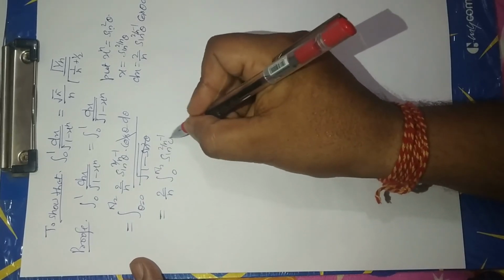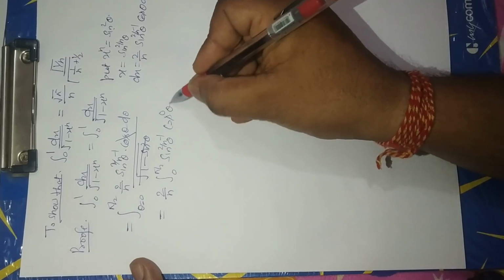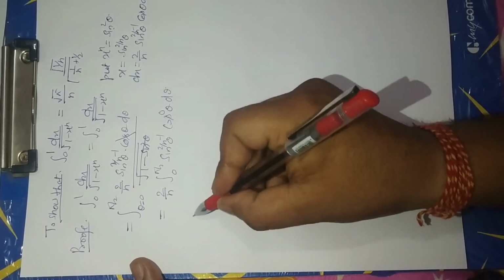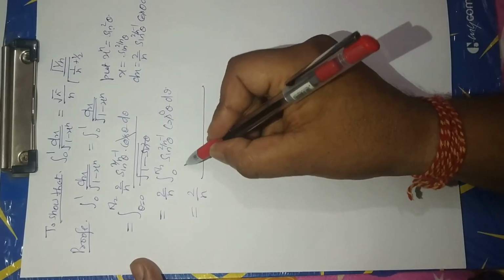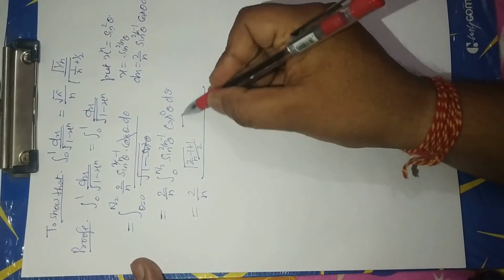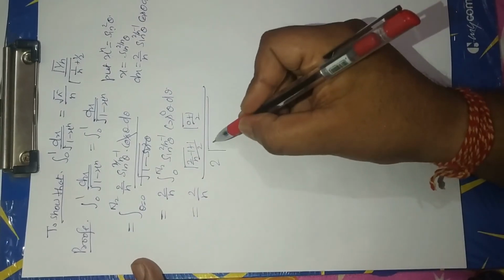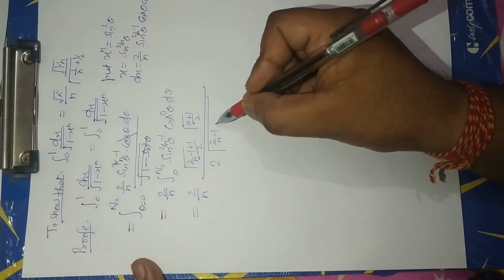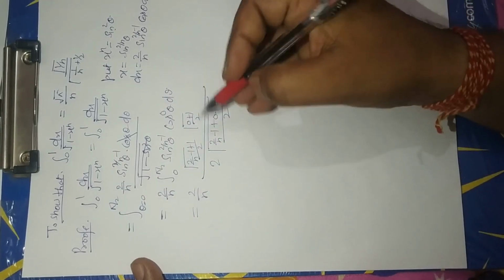Now this is equal to 2 upon n, integral limit 0 to pi by 2, sin whole power 2 upon n minus 1 theta cos to the power 0 theta d theta. Now using the formula in terms of the gamma function: gamma of (2 upon n minus 1 plus 1) upon 2, gamma of (0 plus 1) upon 2, upon 2 gamma of (2 upon n minus 1 plus 0 plus 2) upon 2.